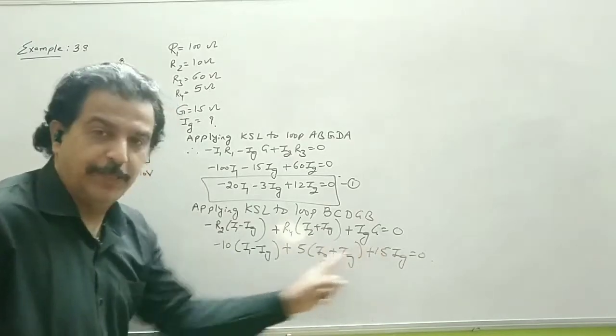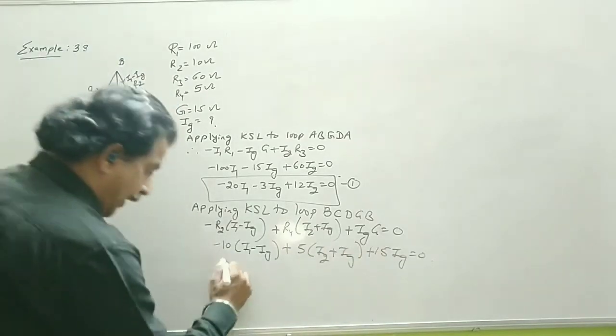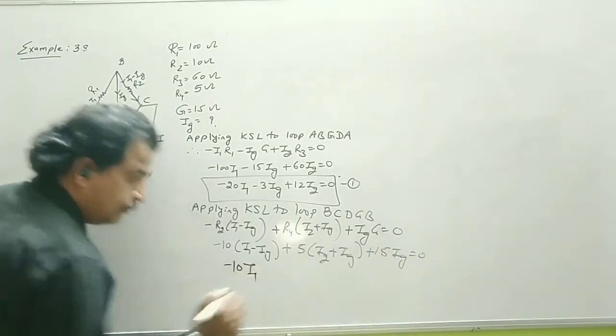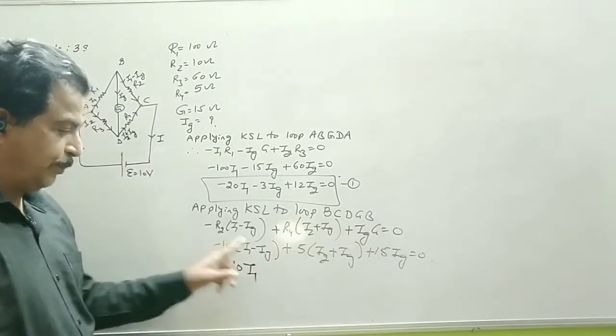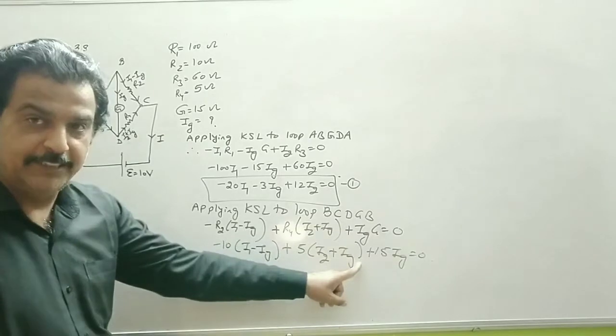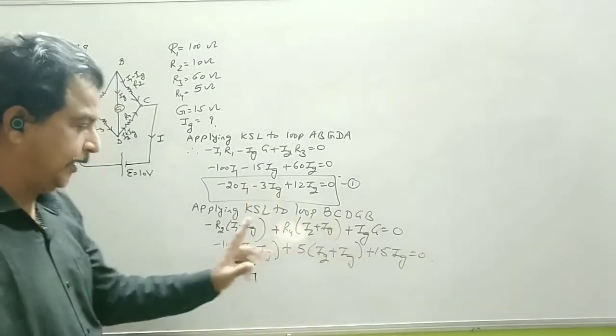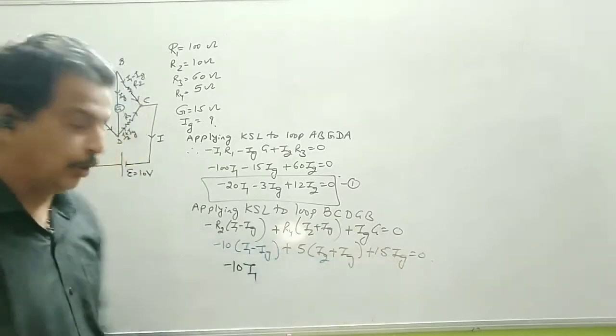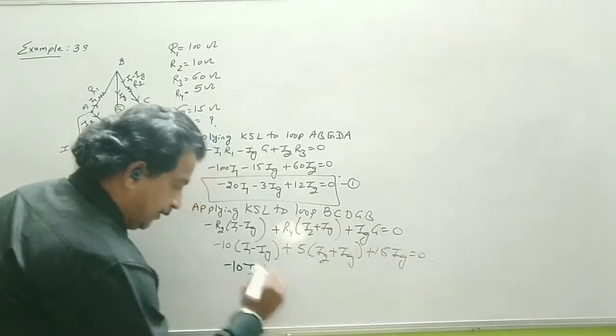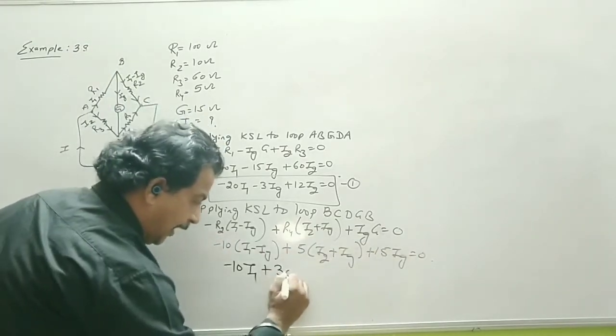We open the bracket, so minus 10 I1. Now for IG, I am directly writing the steps: plus 10 IG plus 5 IG plus 15 IG, so it becomes 30 IG.